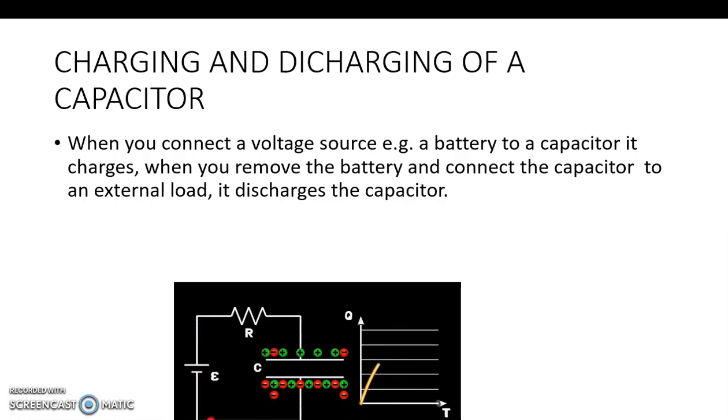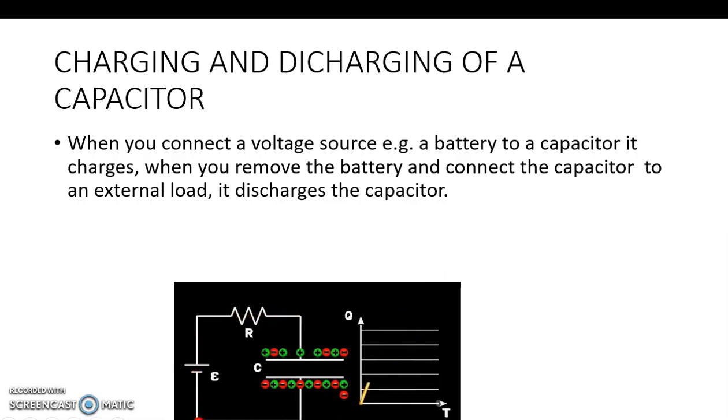Now when a capacitor is charged, many times the charge on either electrode or metallic plate will be the same. So we're going to have equal charge on both sides of the electrode. When the capacitor is discharged, there will be a leakage or transfer of voltage to the external load.